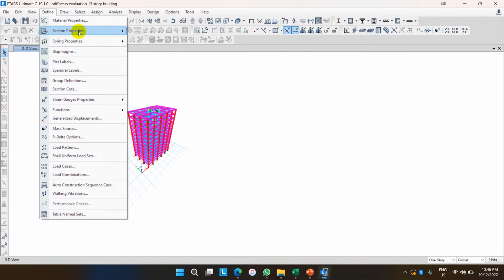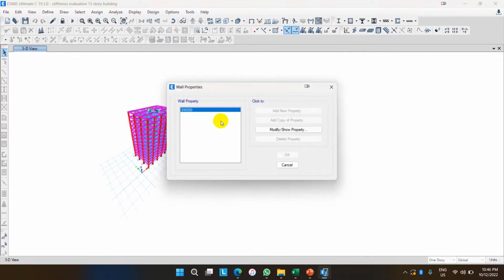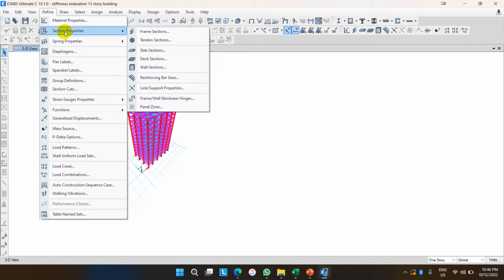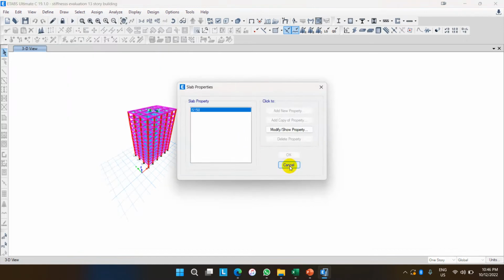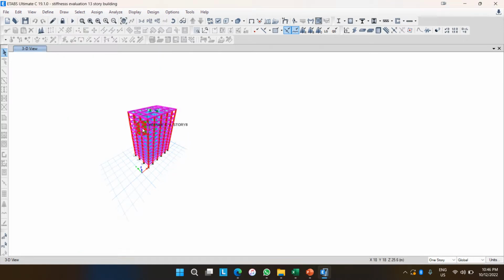Likewise, the shear wall is 350 thickness, and the slab is 150 thickness. The gravity load, dead load and the UDL have been applied in this model, and I'll explain everything in the next video.